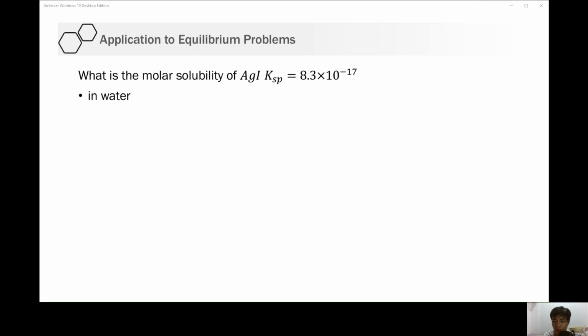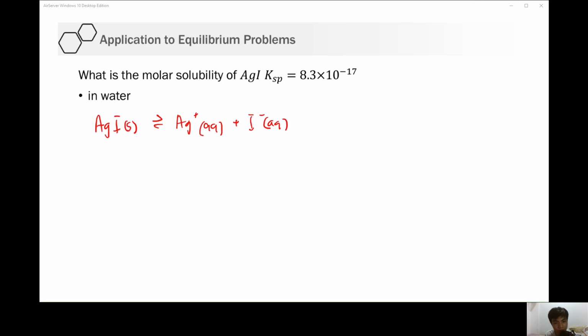Okay, so to solve for the molar solubility, that can be obtained by solving for the x value of our Ksp expression. Okay, so what's the Ksp expression for silver iodide? So let us show first the dissociation of this precipitate into ions. Silver iodide is a precipitate. It dissociates into Ag plus and iodide ions. Okay.